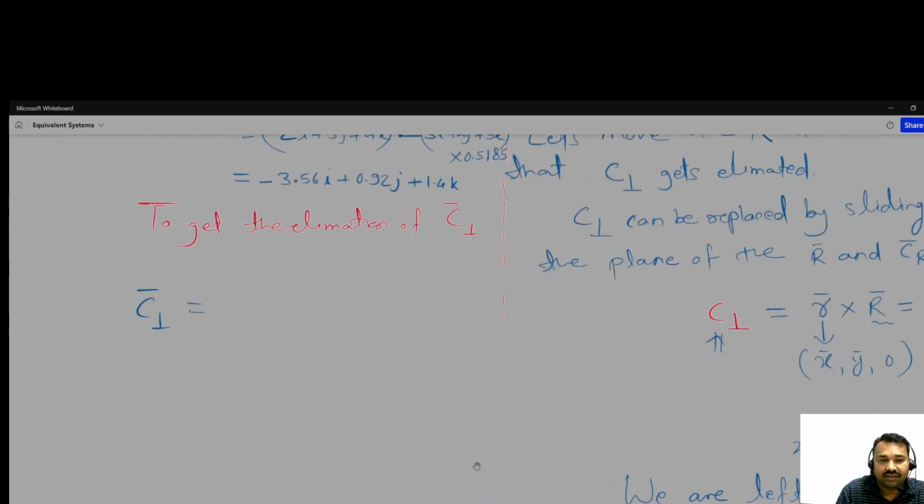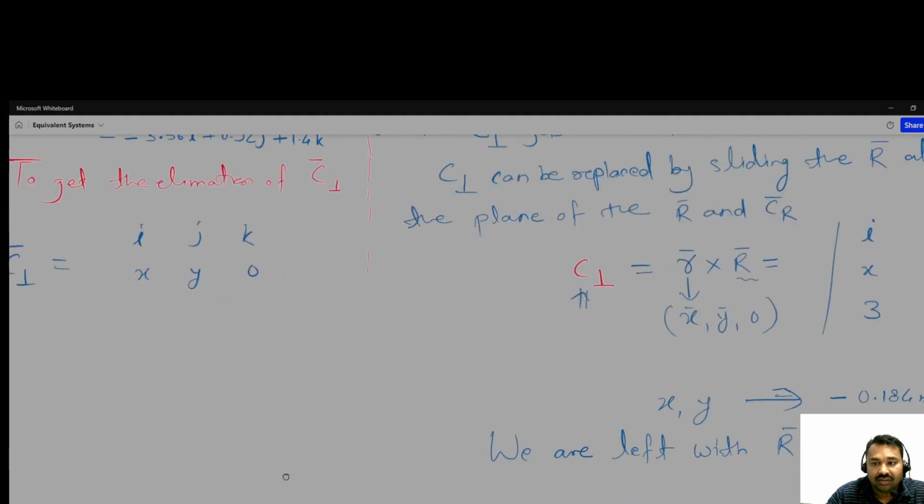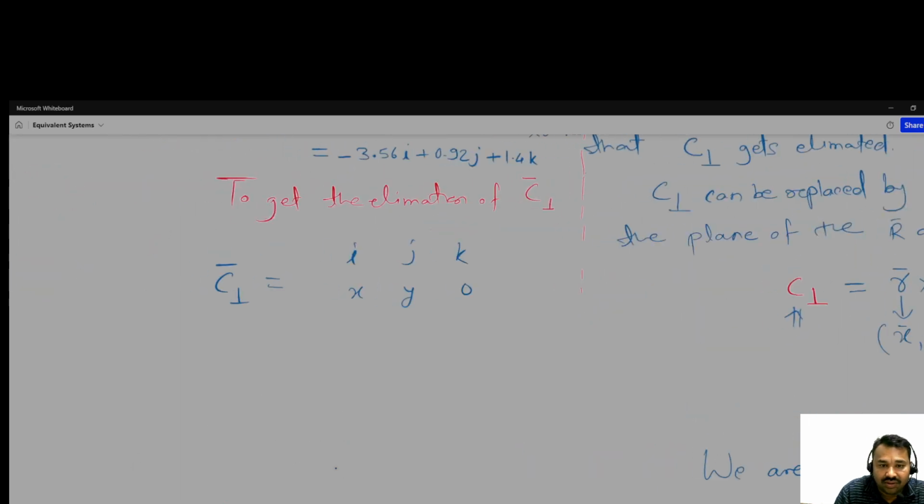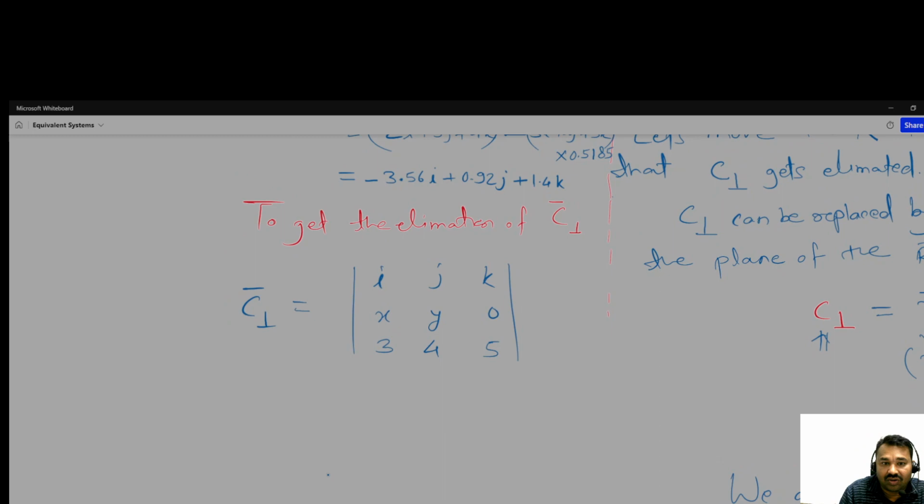From here we can take i, j, k, x, y, 0, and 3, 4, 5. And this is equal to minus 3.56i plus 0.92j plus 1.4k.